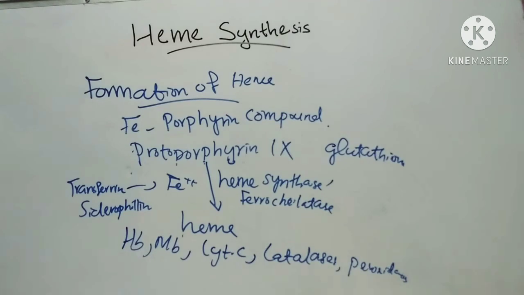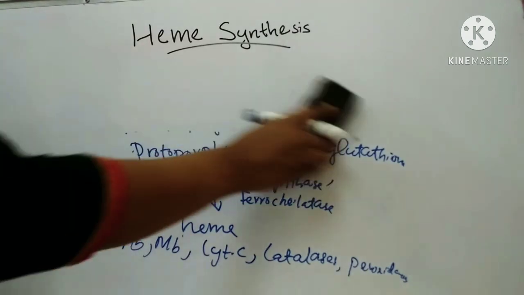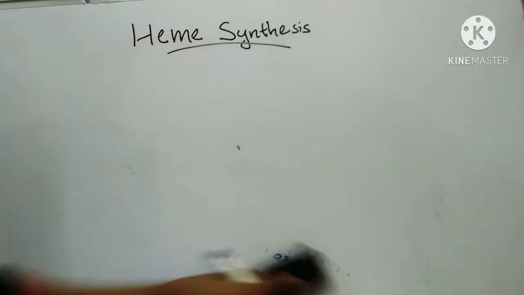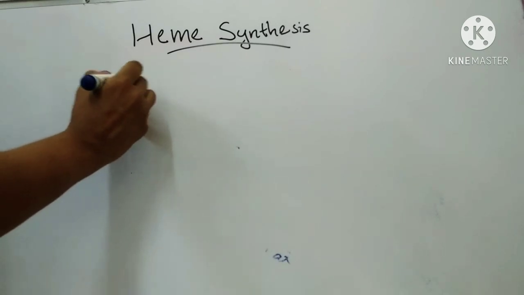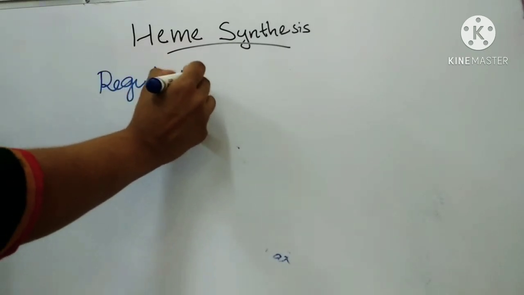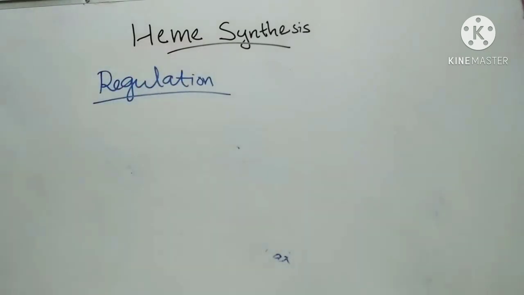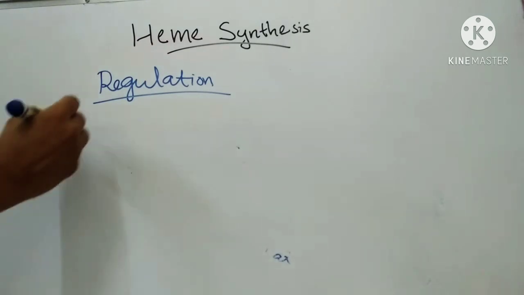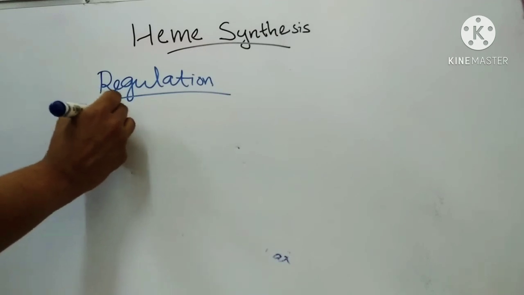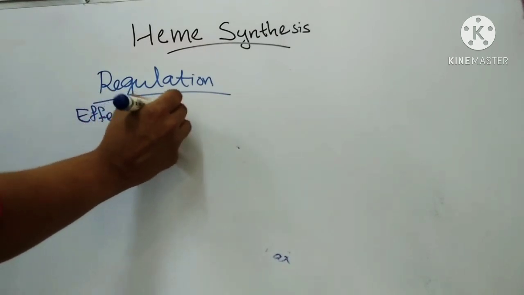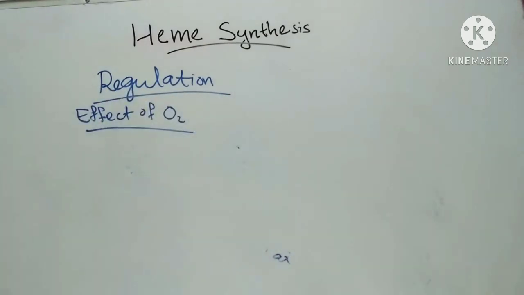Coming to the regulation of heme synthesis. Regulatory influences and effects of inhibitors. First one is the effect of oxygen. What will be the effect of oxygen on heme synthesis?